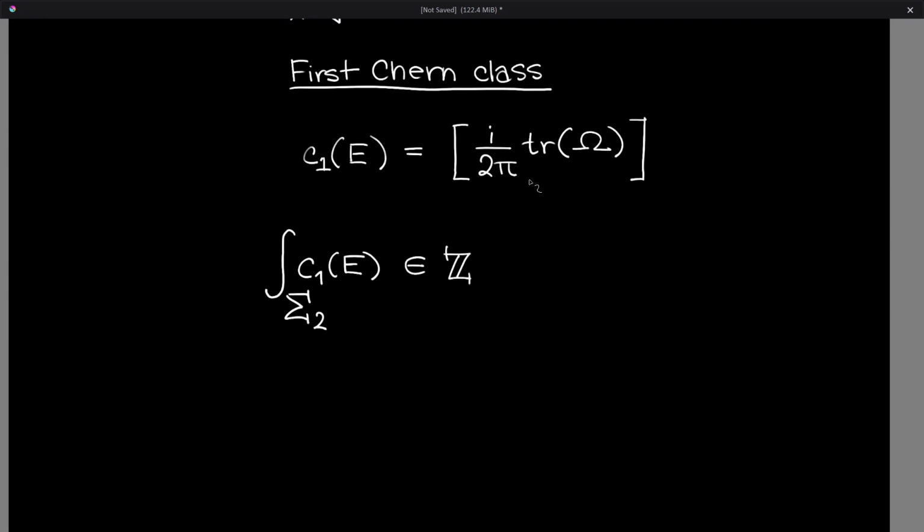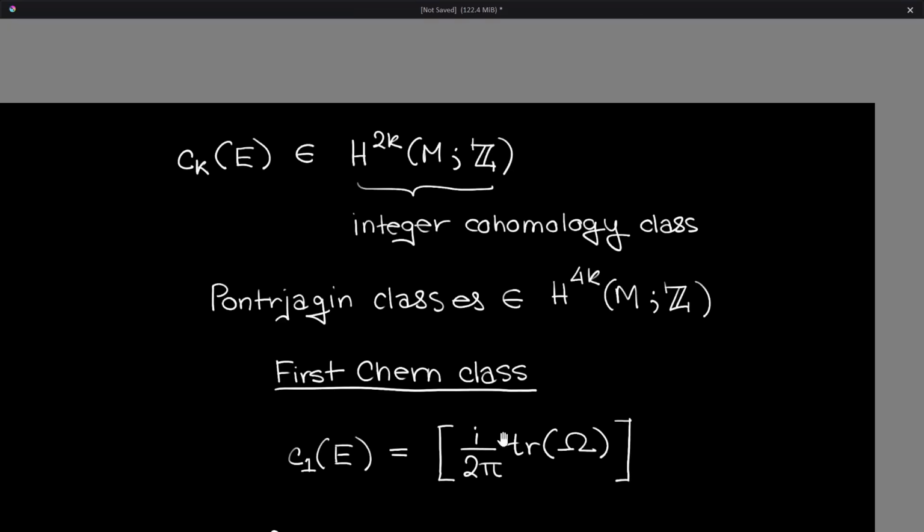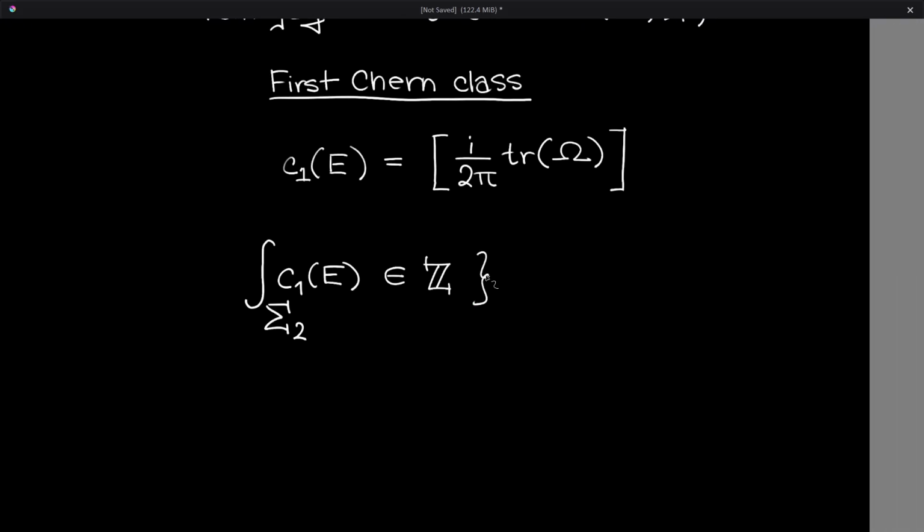This has a lot to do with the fact that it's an integer homology class or cohomology class. But this integer has the interpretation of the number of twists of E around sigma 2, the surface, right? How many times it coils around sigma 2.